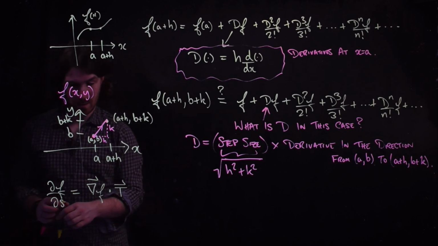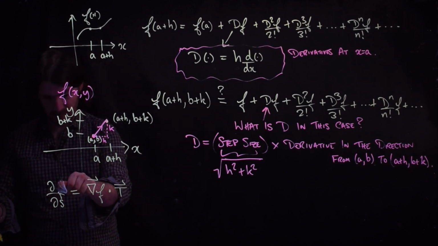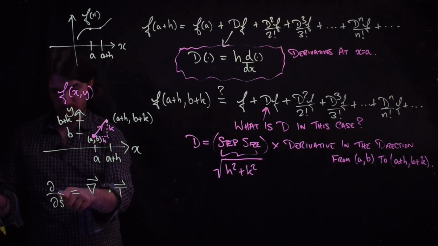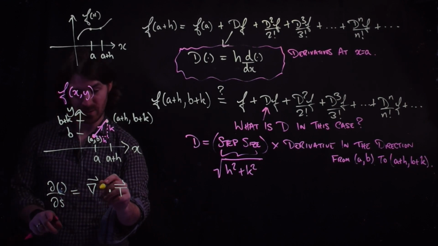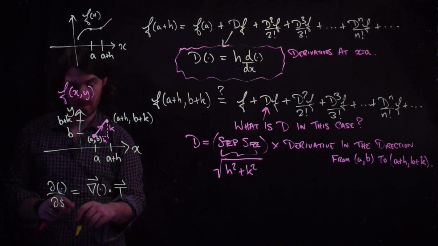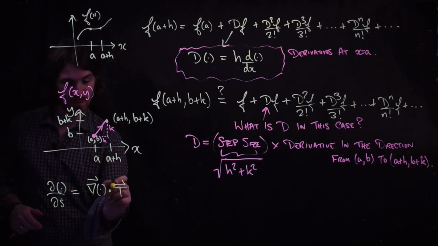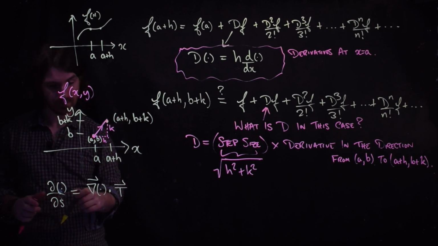And we can take out the f here, so just think about the differential operators. So we can say that d by ds, the directional derivative of something, is the gradient of that something dotted with the tangent vector in the direction that we're moving.